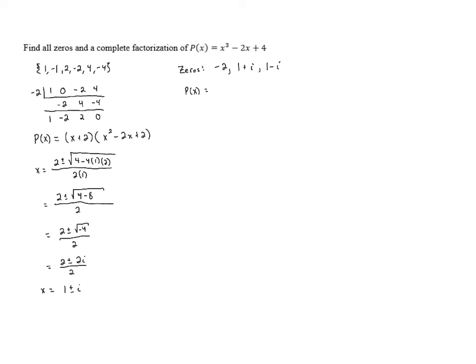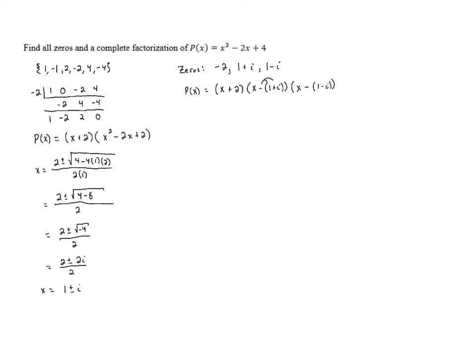So negative 2 as a 0 is going to be x minus negative 2, which is the same as x plus 2. 1 plus i as a 0 is going to be x minus the quantity 1 plus i. And then 1 minus i as a 0 is going to correspond to x minus the quantity 1 minus i.